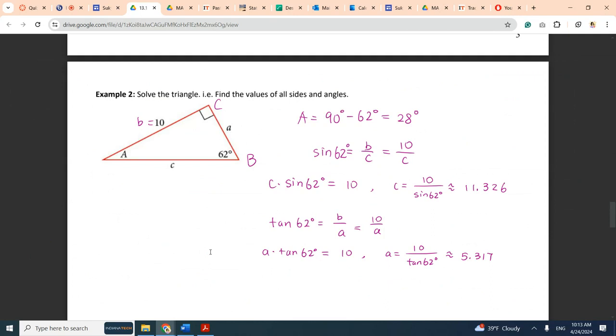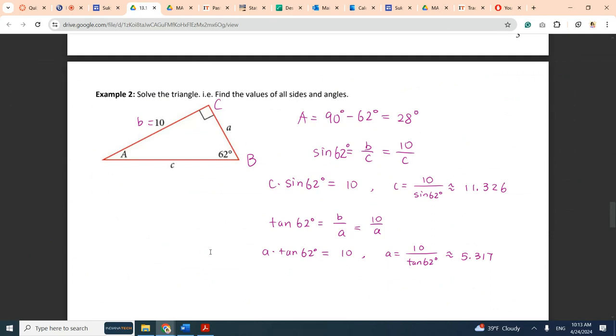Good. Because we know side B, we want to find side A and side C. But look at this, we know the angle B. The side B is opposite to the angle B, right? And we want to know the side C. C is the hypotenuse. So opposite over hypotenuse is sine 62 degrees.